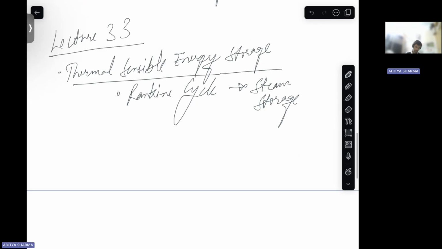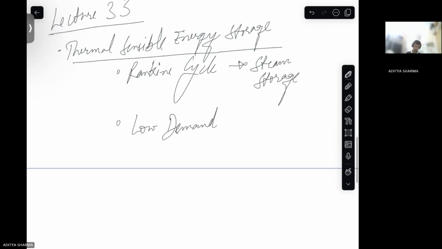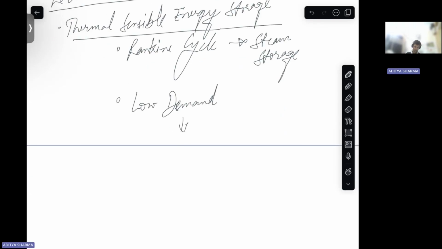So what happens here is, when there is low demand, in that case you'll have excess steam.